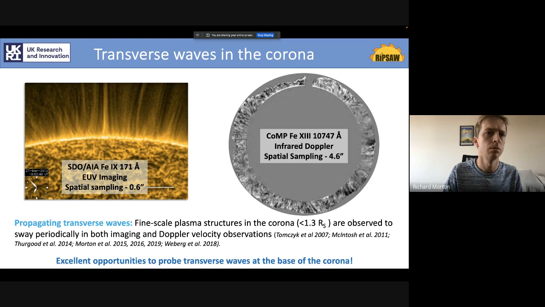But this is kind of a brute force statistical approach to try and measure these waves. It wasn't finessed. We didn't take individual structures. We take the time distance diagram and kind of brute force it to just build up statistics. And there will be the odd few examples in there, I think, that are not perfect, basically.